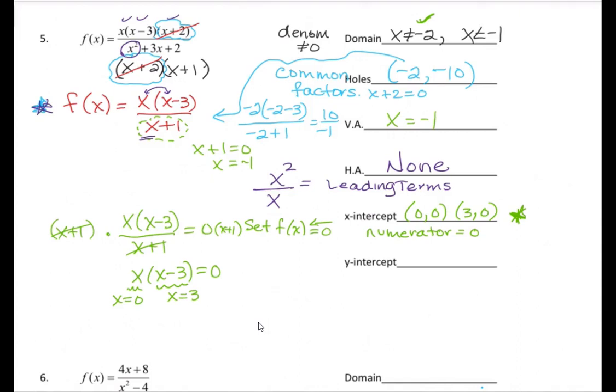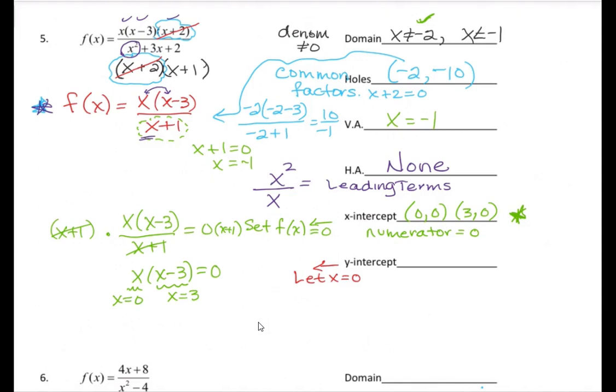Now for the y-intercept, that one's the easy one because I just want to let x equal 0 everywhere in the function. And once again, you can use the original or you can use the simplified version of the function. The simplified version is easier to manipulate and to work with, so that's the one I'm going to use.